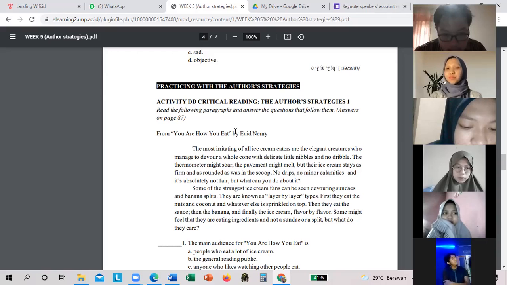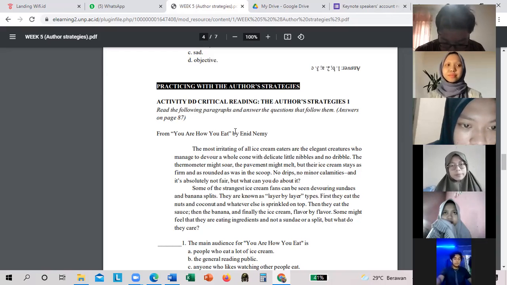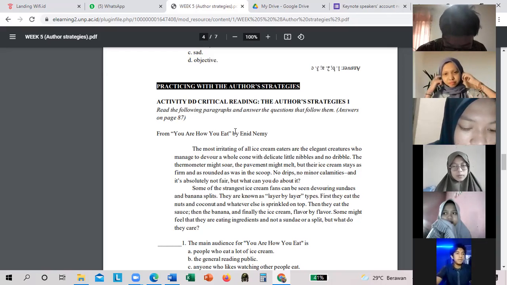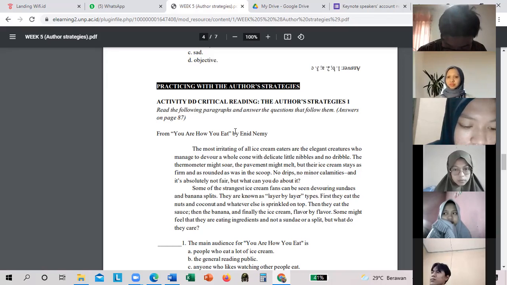All right. Anyone who has an idea about this paragraph? Zikra, what do you think about this paragraph? I think the first paragraph is trying to do a satire for the people who eat ice cream elegantly, trying to be comedic. Yeah, that's it.